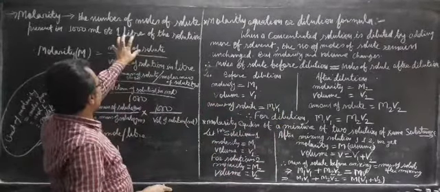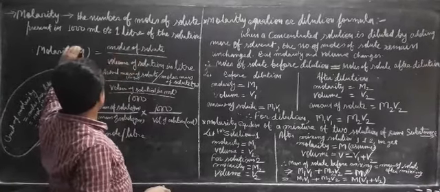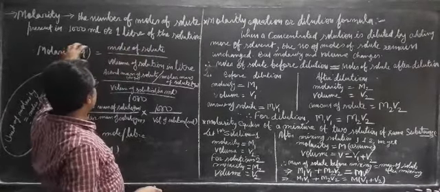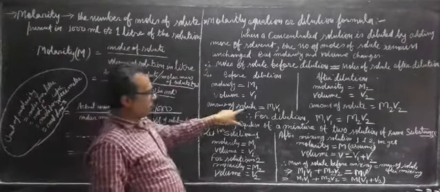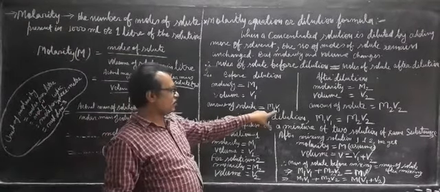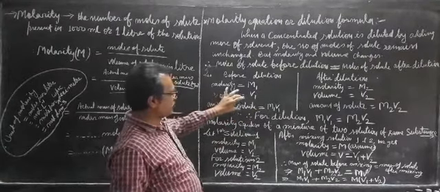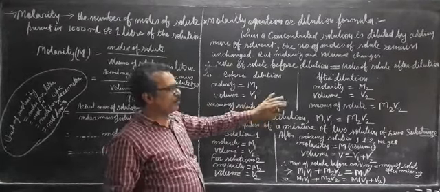Moles of the solute equal molarity into volume. So the same formula I have utilized here, M1 into V1 before dilution. So before dilution, the amount of solute was M1 into V1.